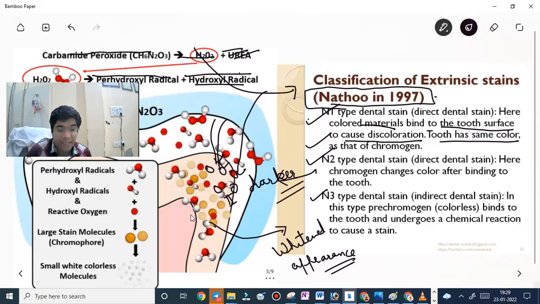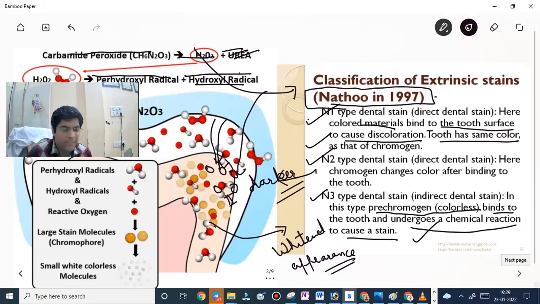Whereas in type 3, a pre-chromogen binds to the tooth and undergoes a chemical reaction that causes a stain.